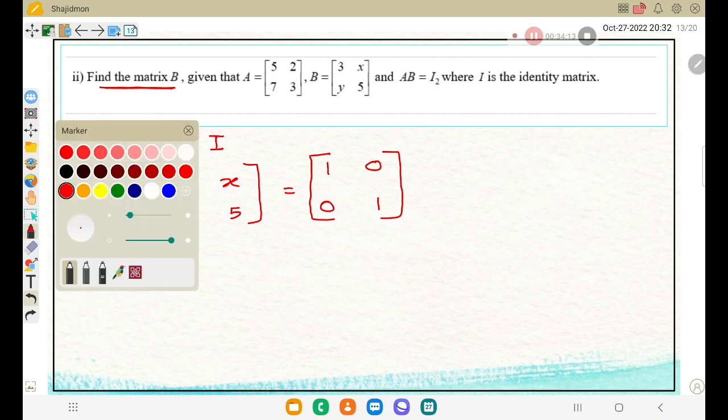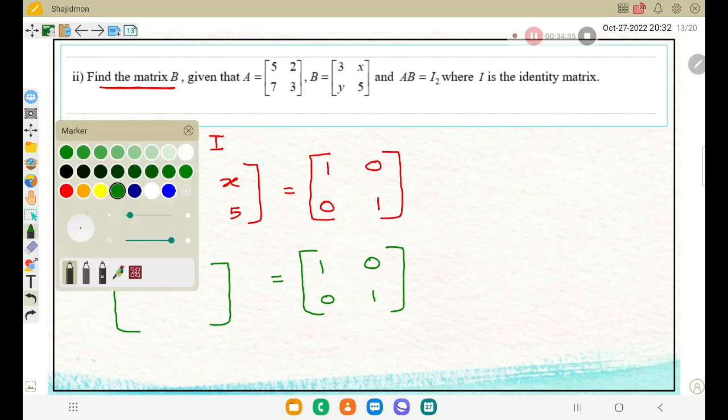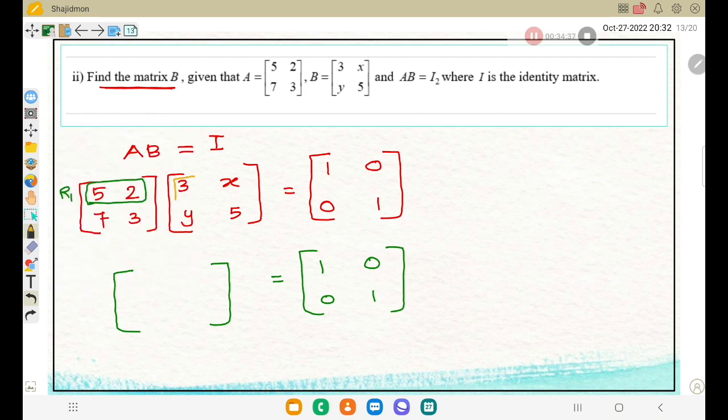Now we need to multiply the first two matrices, A multiply B. All of you know how to multiply two matrices; we studied it in section 2.3. Equal to the identity matrix 1, 0, 0 and 1. Correct? Now, how are we going to multiply this? Take the first row from the first matrix, row number 1, and multiply with the first column of the second matrix, column number 1.